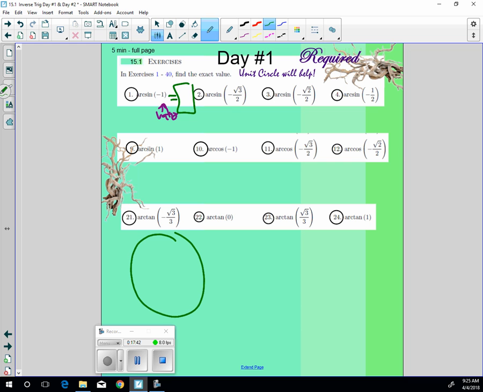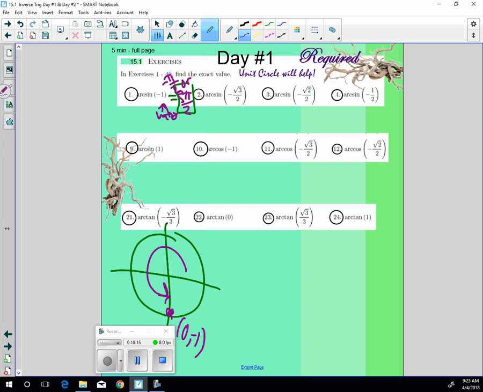So you go on your unit circle. When is the sine or the y equal to -1? What arc length is that? What's that? 3 pi over 2. Or you could say -pi over 2. Either one of those. We'll see why we wouldn't say 3 pi over 2 tomorrow, but either one of these answers is good for today.